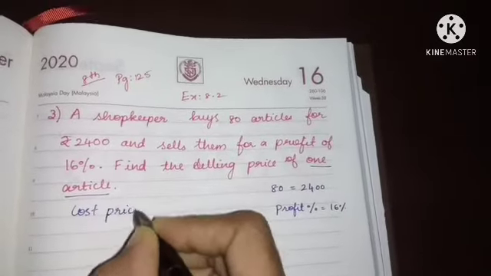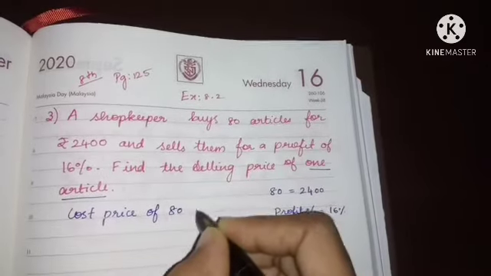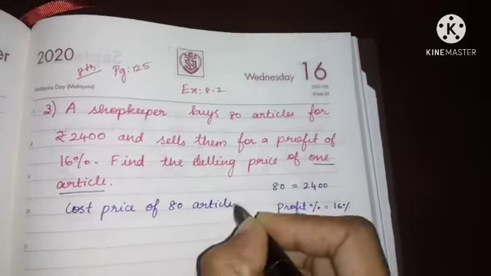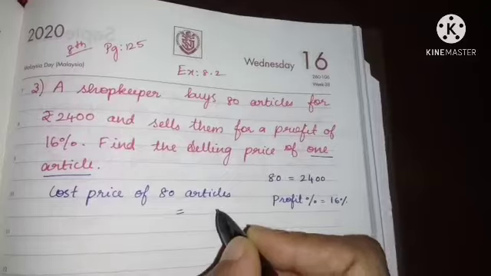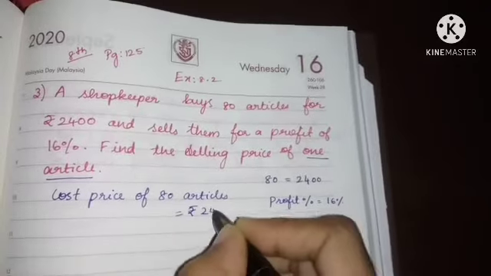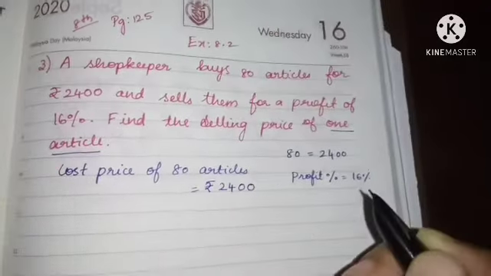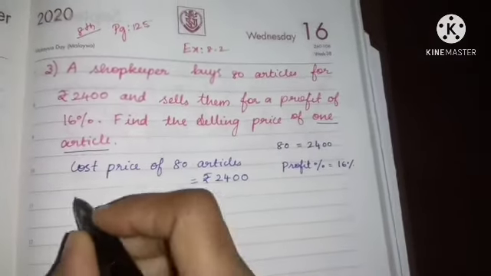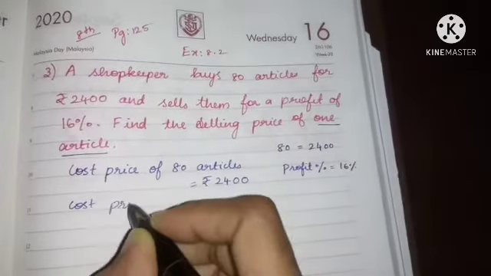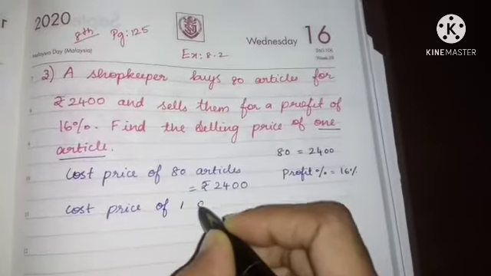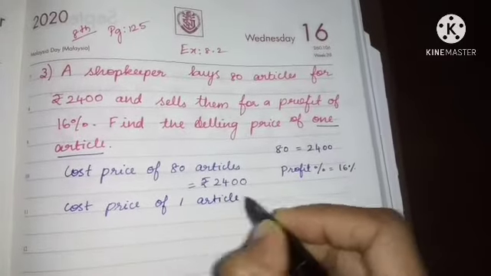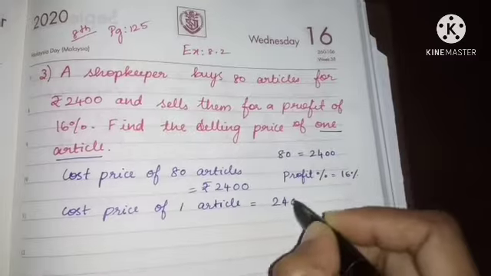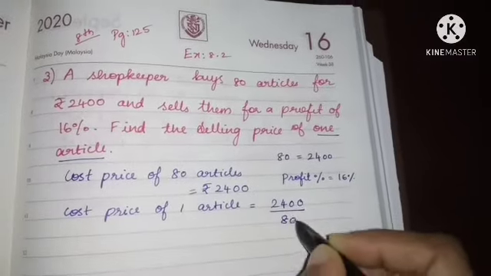Cost price of 80 articles is rupees 2400. So what is the cost price of one article? It is equal to 2400 divided by 80.